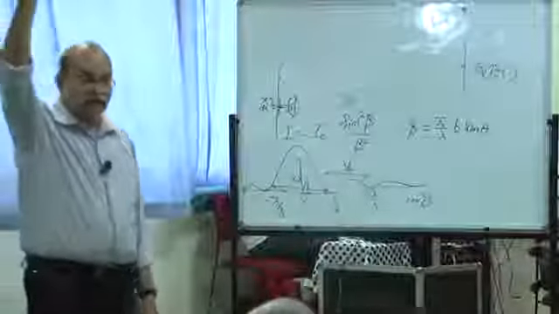Now recall our single slit pattern. The central one was wide and the other ones were short. The central one, minimum to minimum is 2 lambda by b, but after that every minimum to next minimum is only lambda by b. So the central one was wide and the other ones were short.